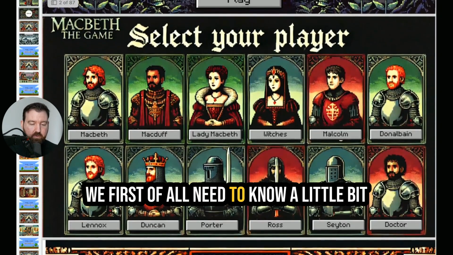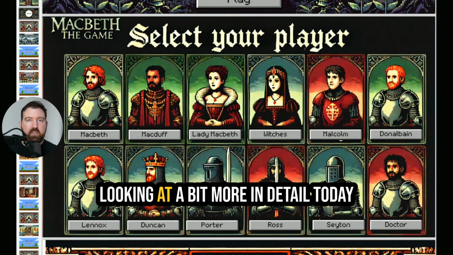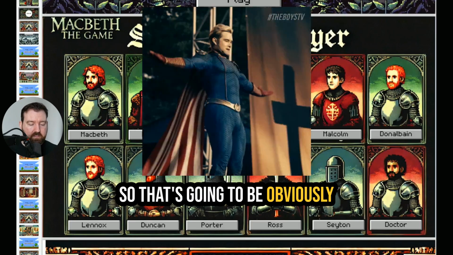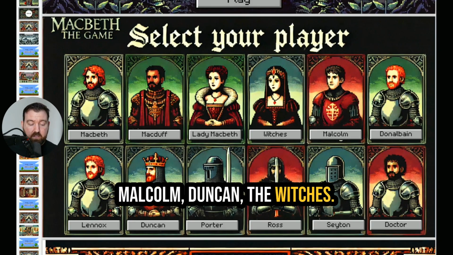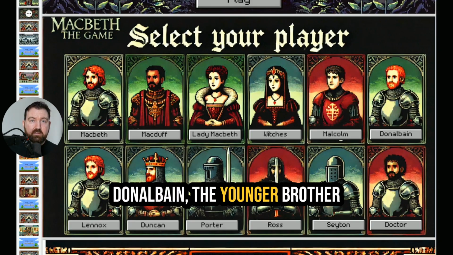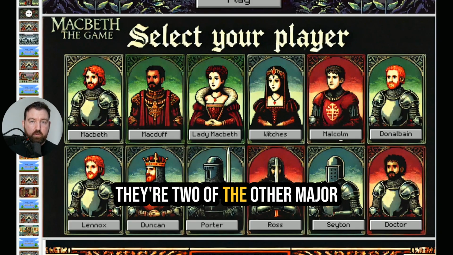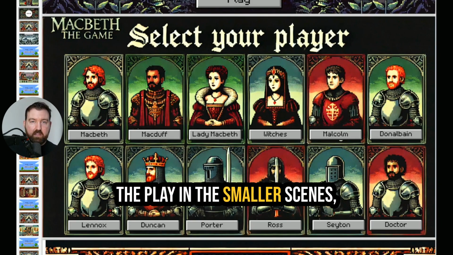We first of all need to know a little bit about some of the major characters. The ones that we're going to be looking at in more detail today are the main characters. That's obviously Macbeth, Lady Macbeth, Macduff, Malcolm, Duncan, the witches, Donalbain, the younger brother of Malcolm, Lennox and Ross. They're two of the other major thanes that do a lot in the play in the smaller scenes.